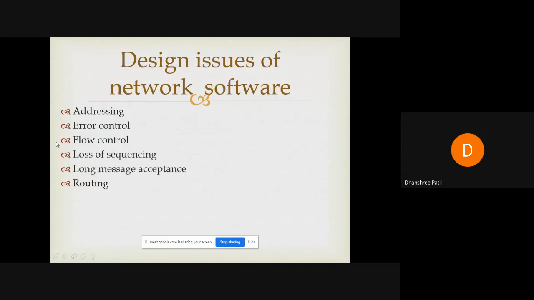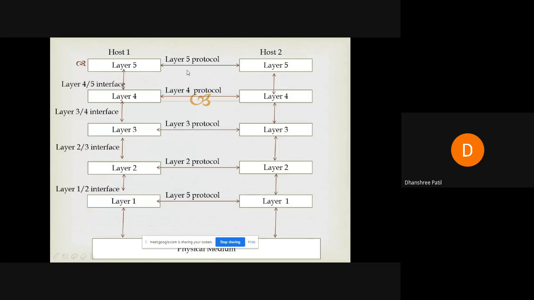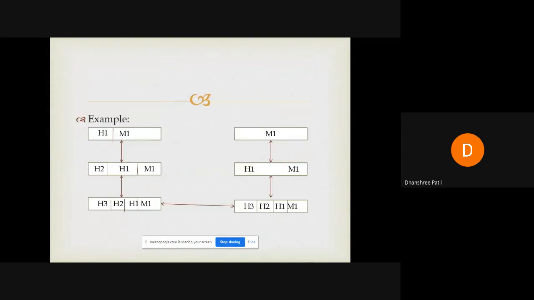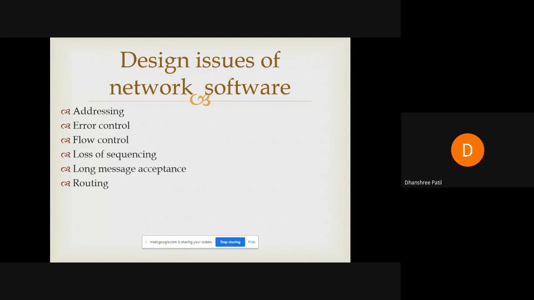Okay, then next, some of the design issues of the network software. It is okay that this software is designed using such an arrangement. Then what is meant by the protocol interface, all things are okay, but while designing this network or this layered network, there are some issues which are discussed over here.